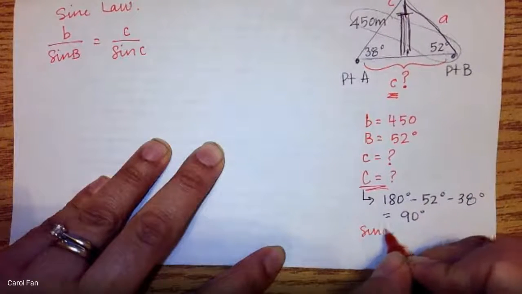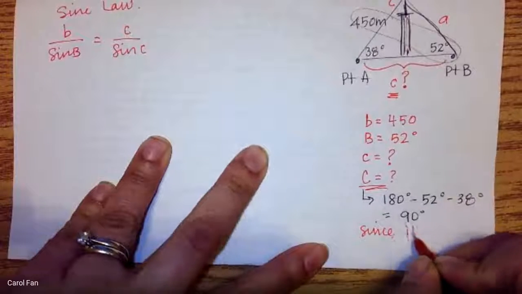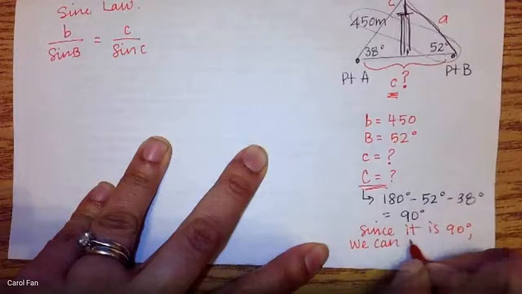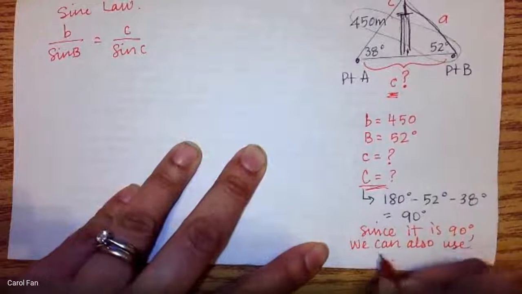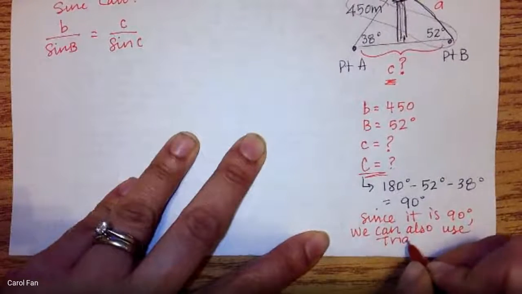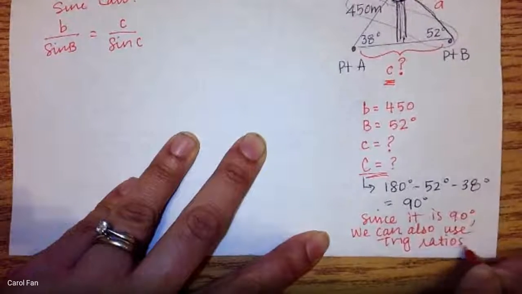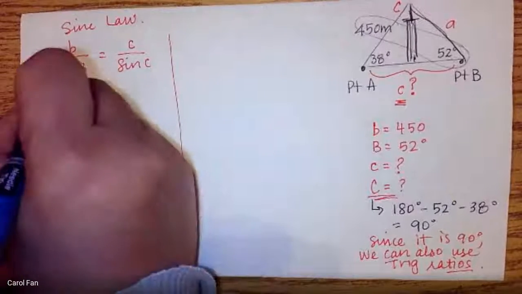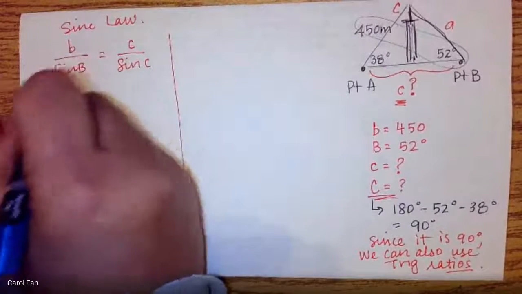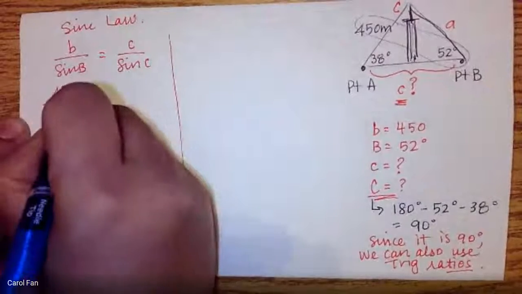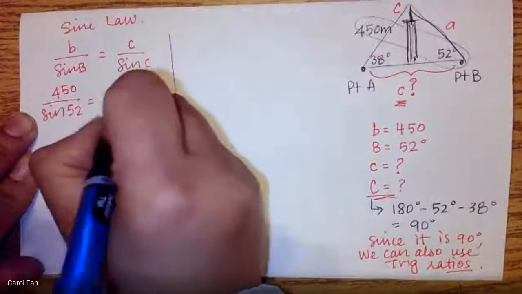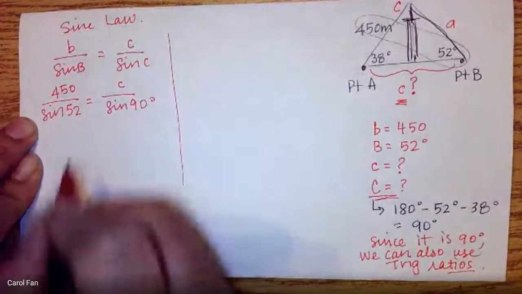Okay, so I'll put a little note here. Since it is 90 degrees, we can also use trig ratios. So let's do our first method, and then we'll use our second. So substituting our values in, I have 450 over sine 52, and that's equal to little c over sine 90.